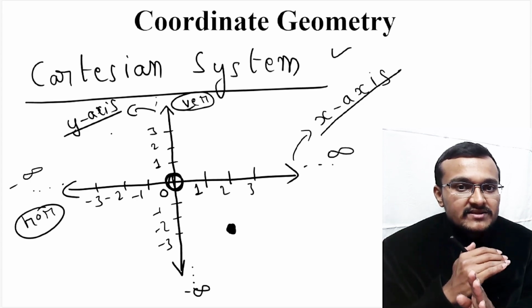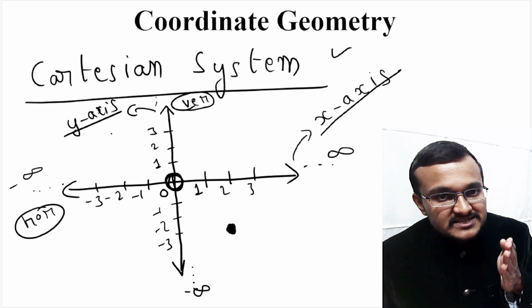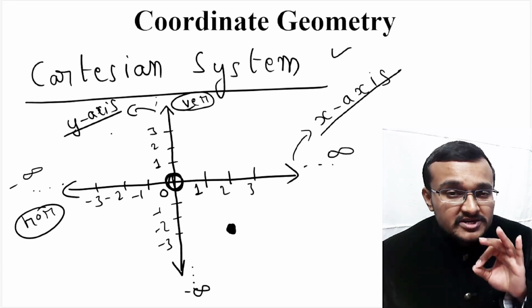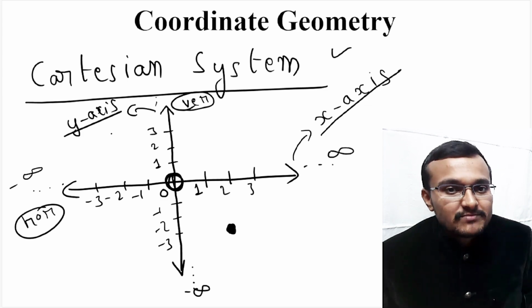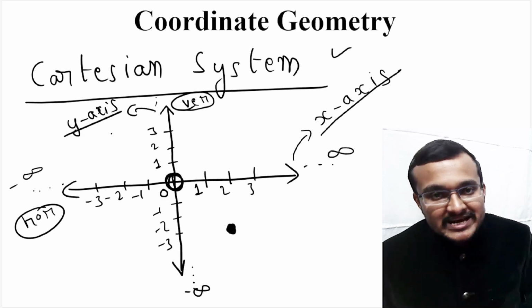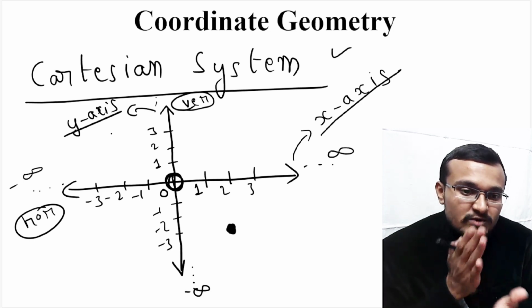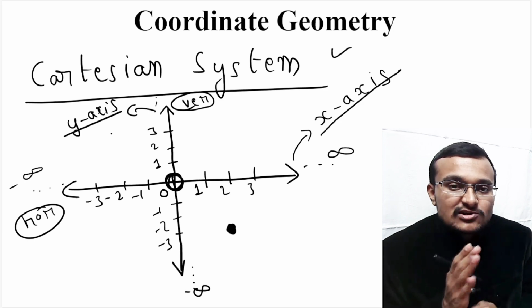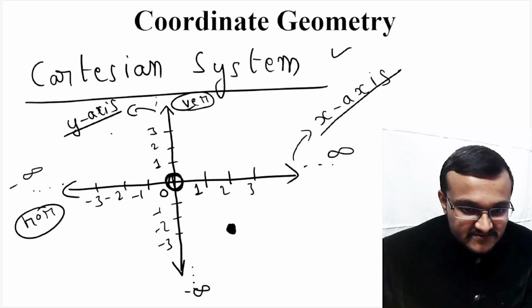These two number lines give information about the position of a particular point on a two-dimensional plane, and using these two axes we can exactly locate the position of a point on a two-dimensional surface.